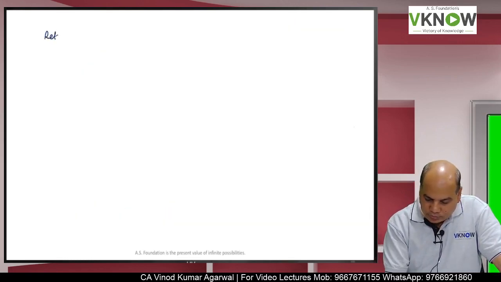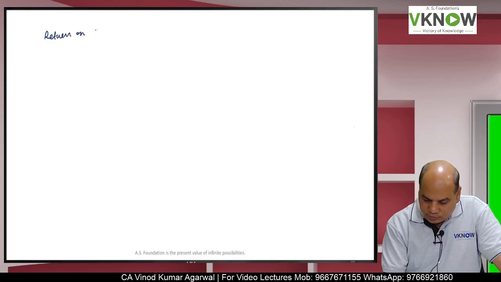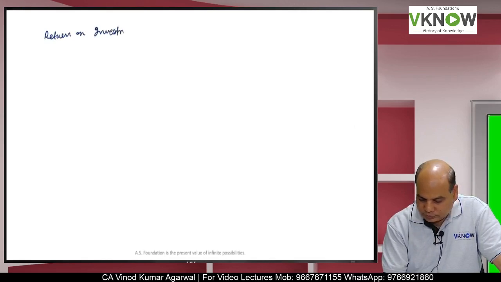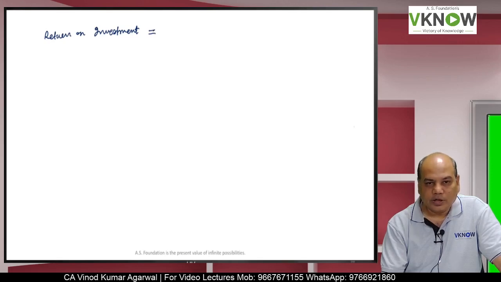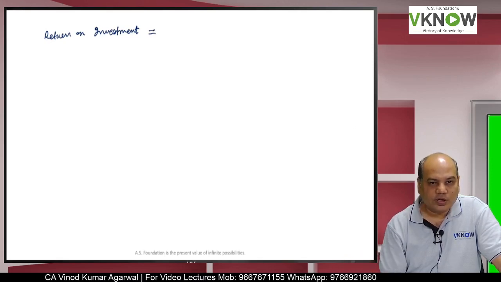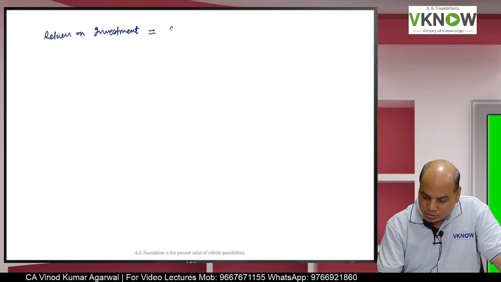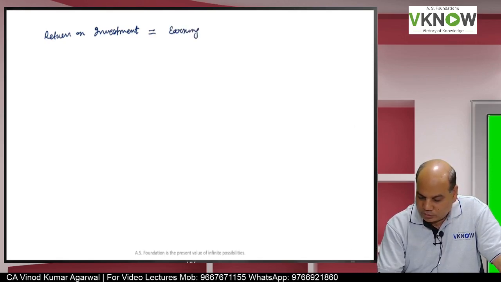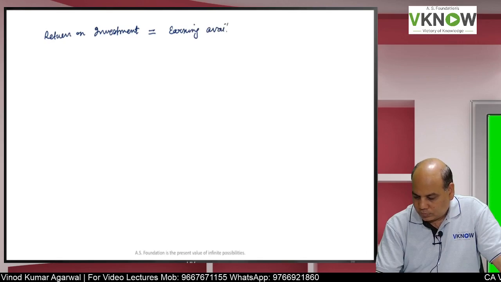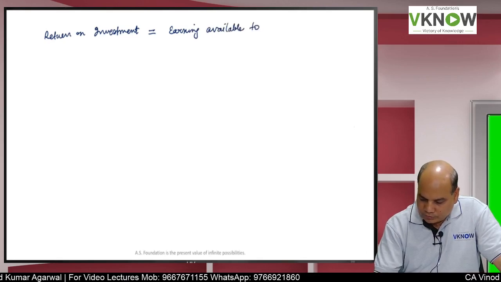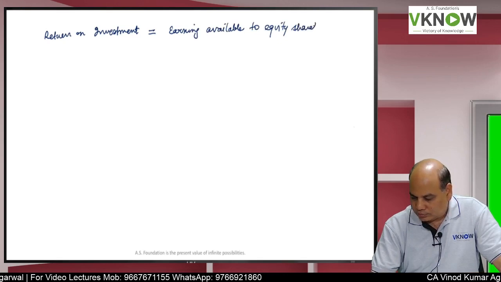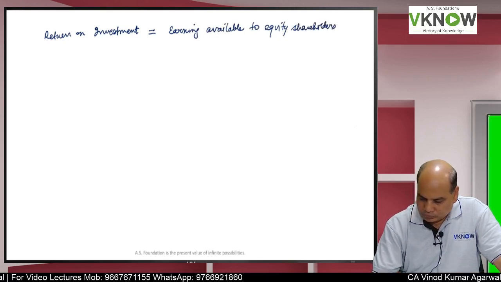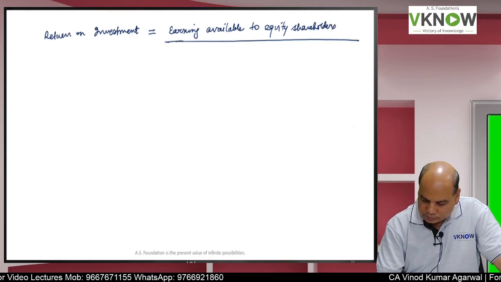Then write down return on investment. Related formula number 2. Keep writing. You will be required to use this in the current chapter. Earning available to equity shareholder divided by net worth.